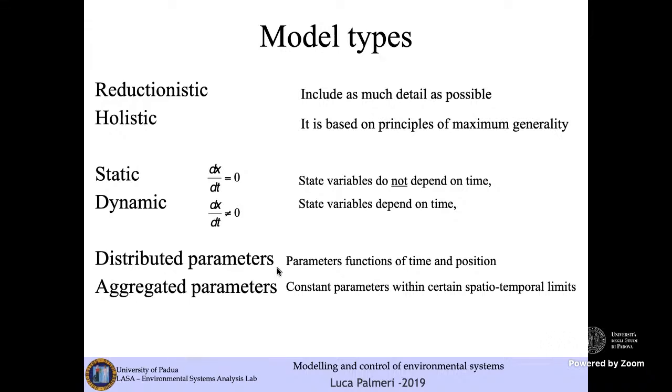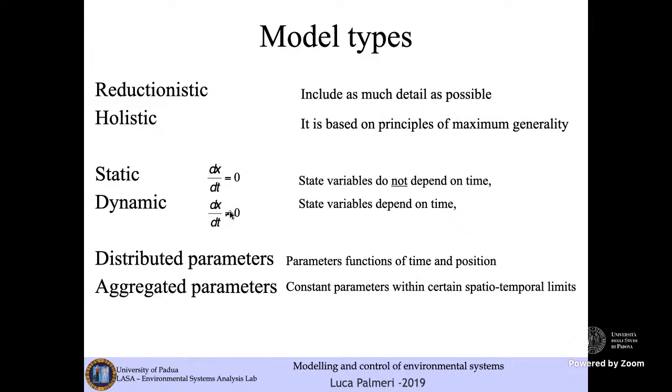You may define a static model by writing that the derivative in time of the vector of state variables is always 0. A dynamic model is a model in which at least some state variables depend on time. So there are some state variables for which the derivative in time is different from 0.